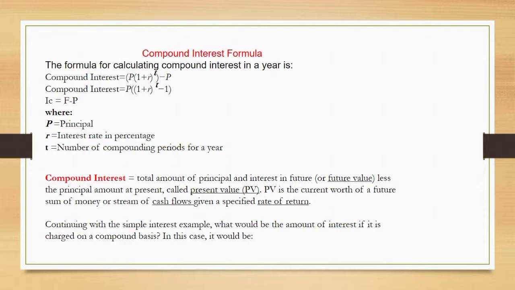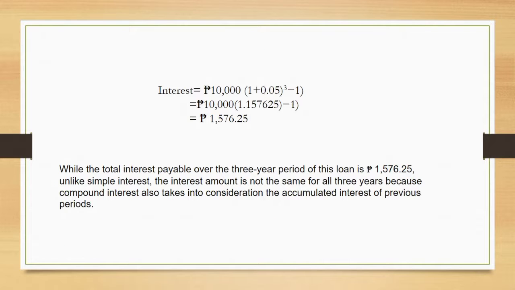what will be the amount of interest if it is charged on a compound basis? In this case, interest is equal to 10,000 multiplied by (1 plus 0.05) raised to the power of 3, minus 1.